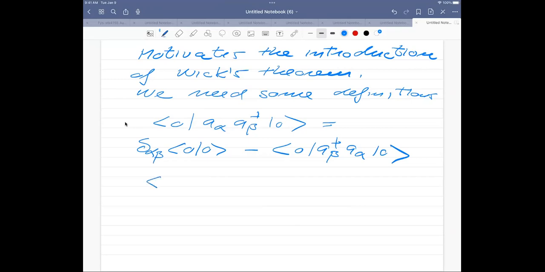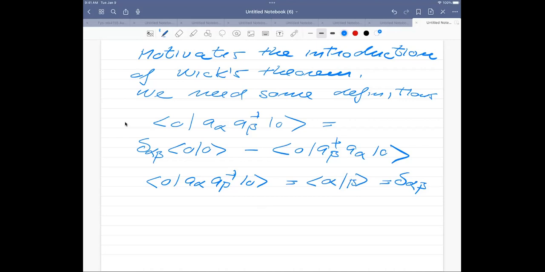So what we have is that this expectation value, which we looked at first, A alpha, A beta dagger, is something which becomes equal to one if alpha equals beta, and that's where we have the Kronecker delta, delta alpha beta. This kind of expression we would rewrite in terms of a specific symbol.